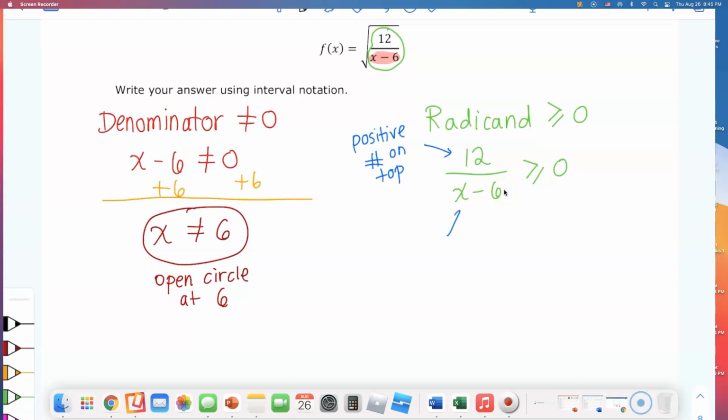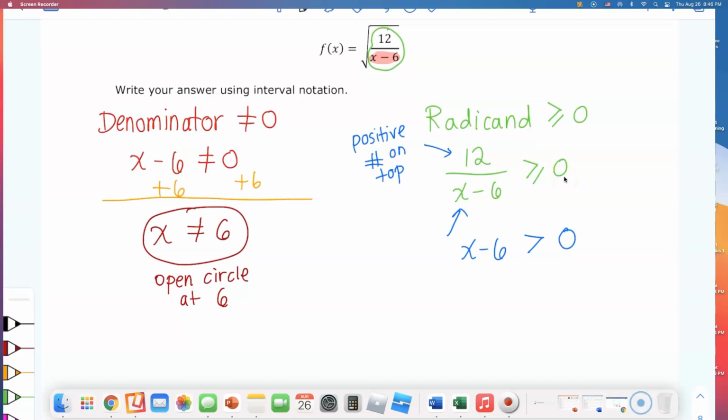So what we know is that x minus 6 must be a positive number. Why? Because positive divided by positive is bigger than 0. I hope that makes sense.